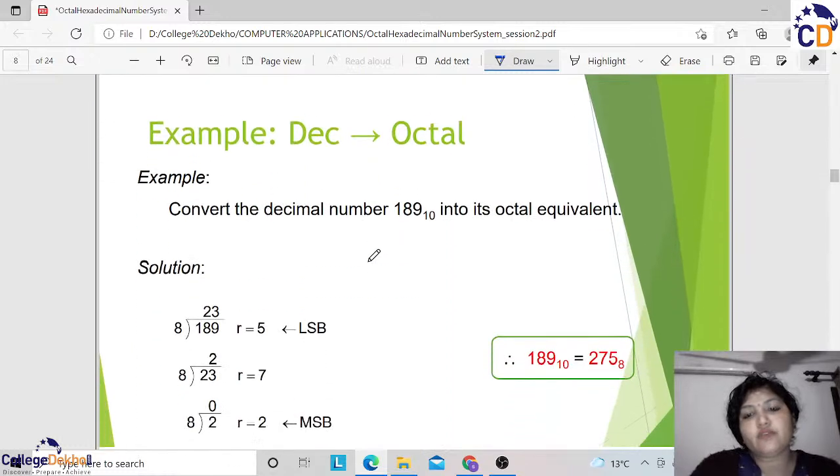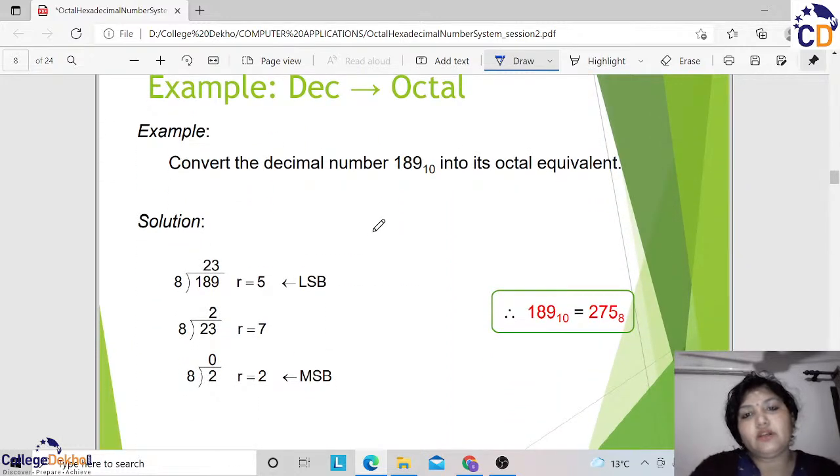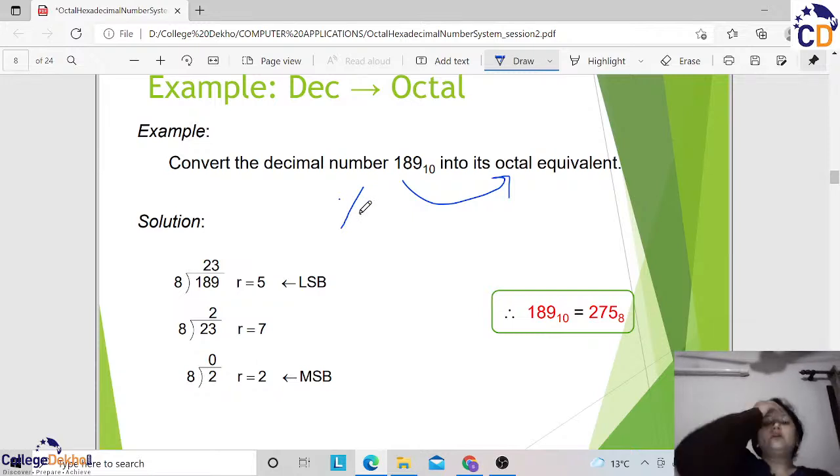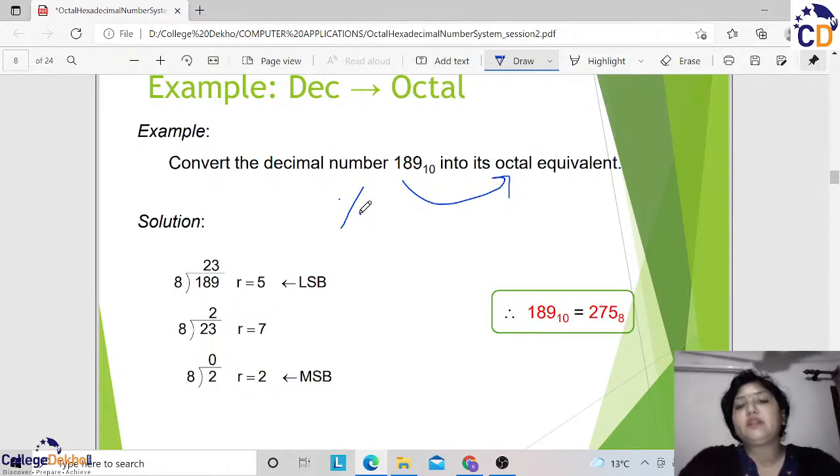So here we have the decimal number, for which we are going to use the process of division. Whenever we have to convert a decimal number into any other base, you are going to divide that number by that particular base. If it is hexadecimal, you will be dividing it by 16.